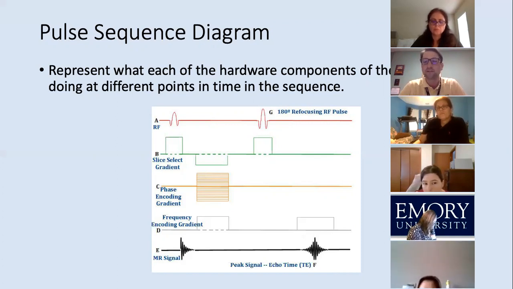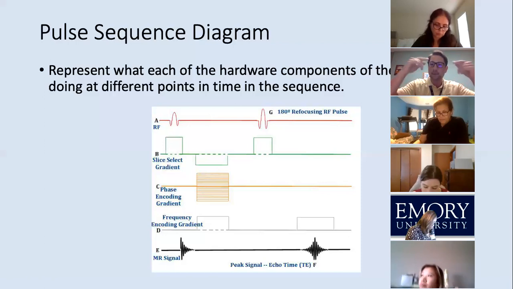Remember, our precessional frequencies correspond with our static magnetic field. So remember that Larmor equation really comes into play when we're talking about our static magnetic field and our precessional frequency. So our gradients cause that linear slope of those precessional frequencies, and we can do that in all three axes. So we can do it in the Y, the Z, and the X axis to get a particular slice that we want to excite.